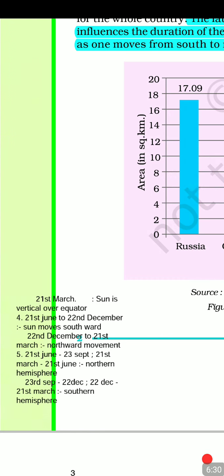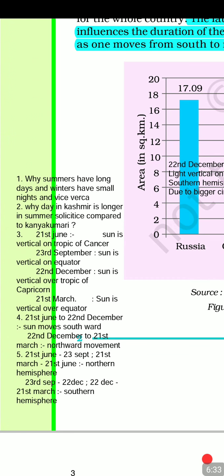Very interesting. Let's see the list. As I've explained, why day in Kashmir is longer in summer solstice compared to day in Kanyakumari, right? So 21st June, sun is vertically on the Tropic of Cancer. 23rd September, sun is vertically on equator. Then 22nd December, sun is vertically over Tropic of Capricorn, right?